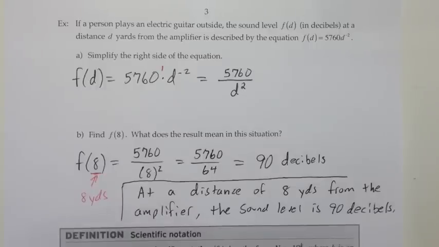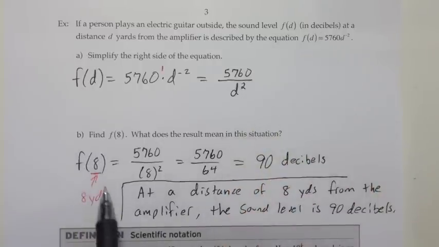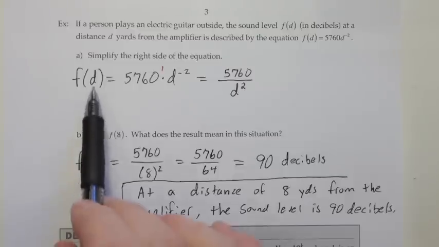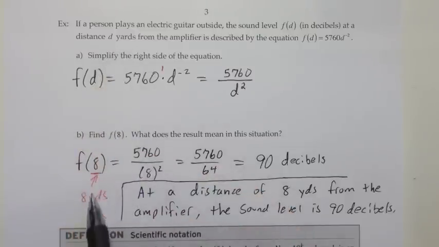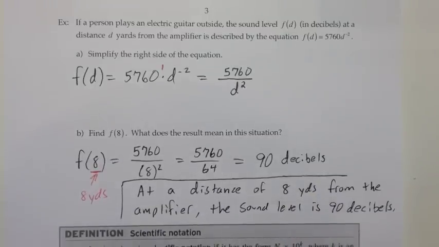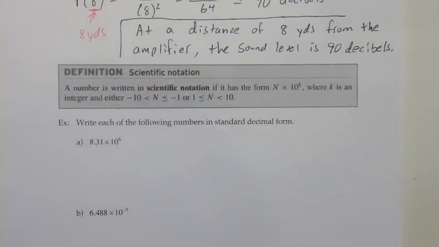I think that the key when you're trying to interpret one of these or say what it means in the situation is to think about the units. So when you get this value of 90, that was a value for f. So go up here and look, what are the units of f? Decibels. The number we put in, 8, was a replacement for d, so what were the units of d? Yards. And once I realize that it's 8 yards and 90 decibels, I can start putting it together into a sentence.